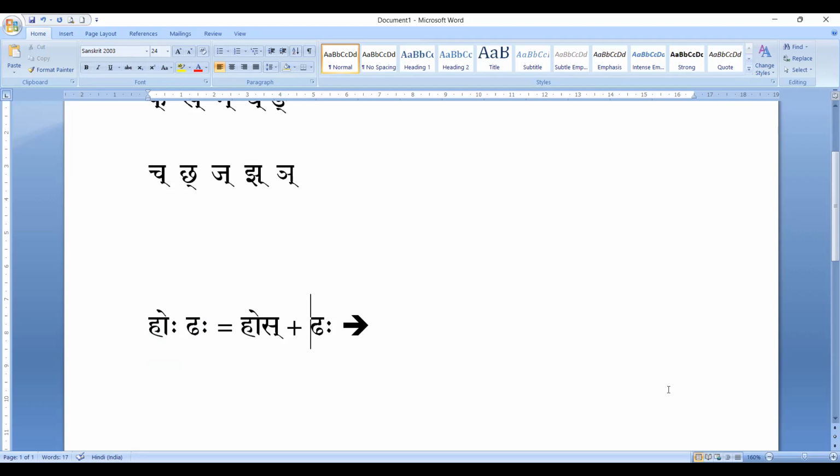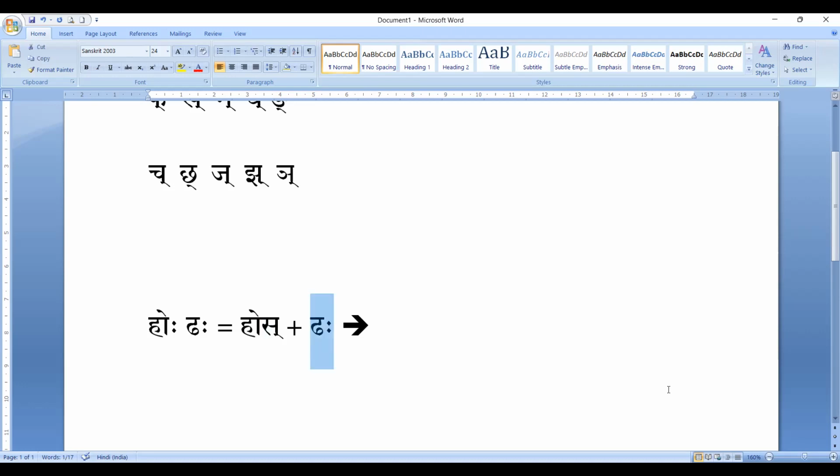So it is not ho, it is aha. That's what I'm saying. Visarga. It's not ho, it is aha daha. If it is ho daha, then the form would be different. If it is hos, then it is followed by what letter? Not a khar letter. Right?